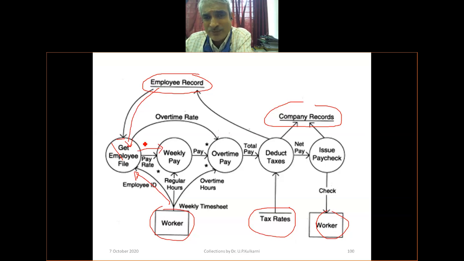The overtime, whatever is there, you take it and give it to overtime pay. Compute weekly pay and give it to overtime pay. It will add all these things and go to the total pay. Then deduct tax is a process. It will deduct that, and the net pay it will give to issue paycheck. Issue paycheck will issue the check to a worker. A check is issued.